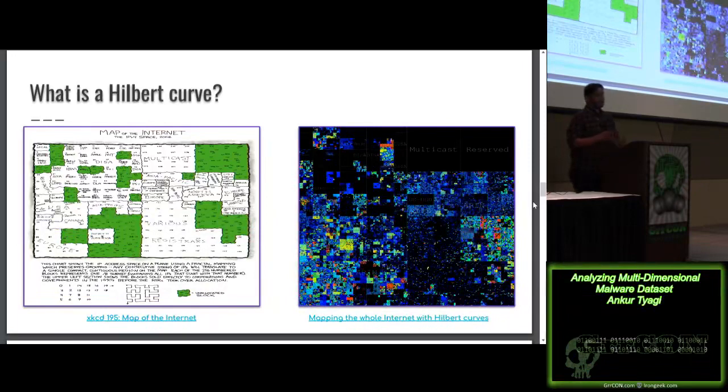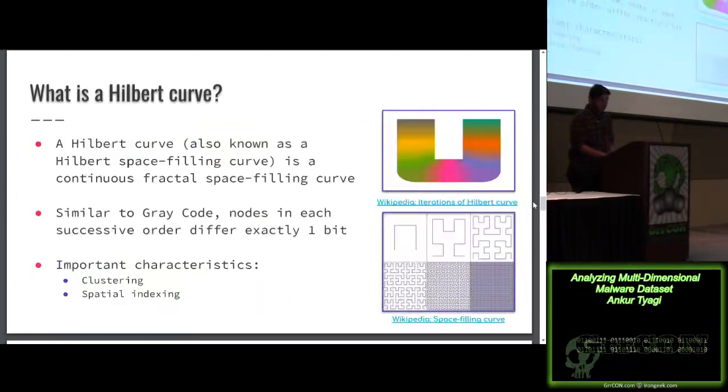This again shows the same data in a different manner. These blocks have different meanings. Each block and color code represents a certain block of IP address space, and combined, this image shows all the addresses within the IP space.